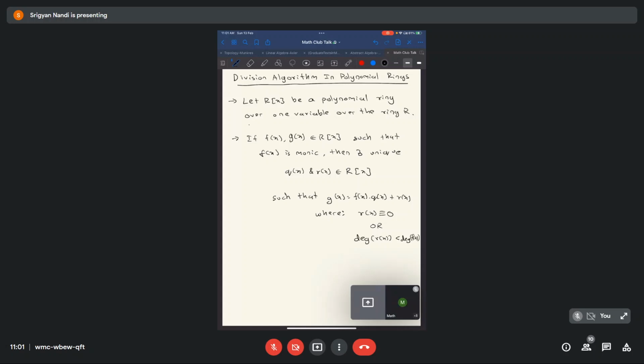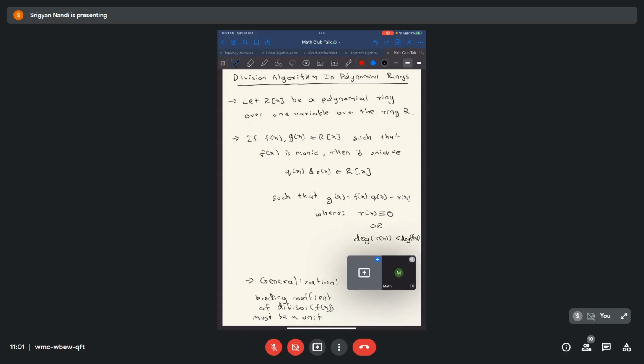So it is better to keep the divisor monic, although a more sensible generalization would be to have that the leading coefficient of the divisor, that is f(x), must be a unit. So this would be a more sensible generalization to have.